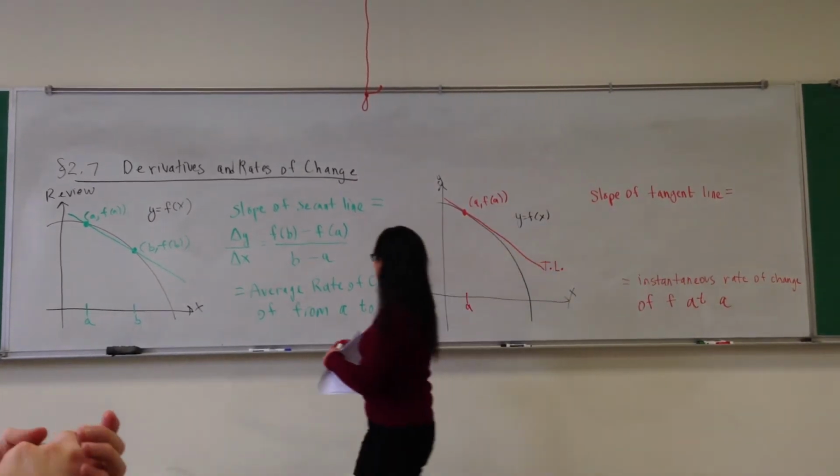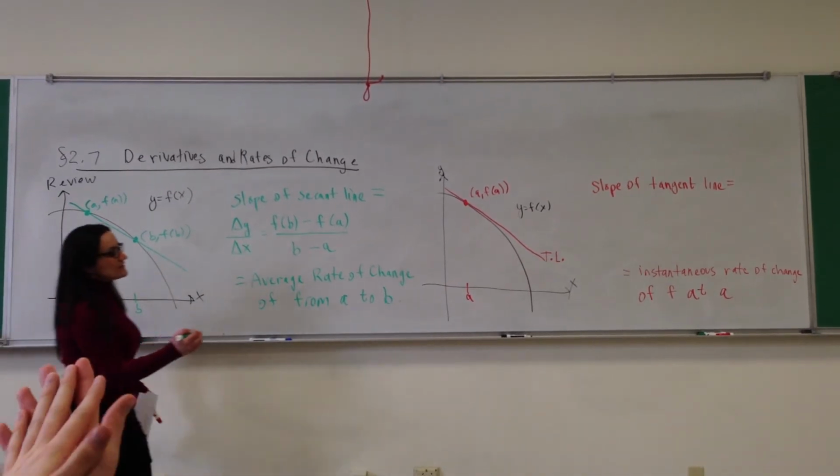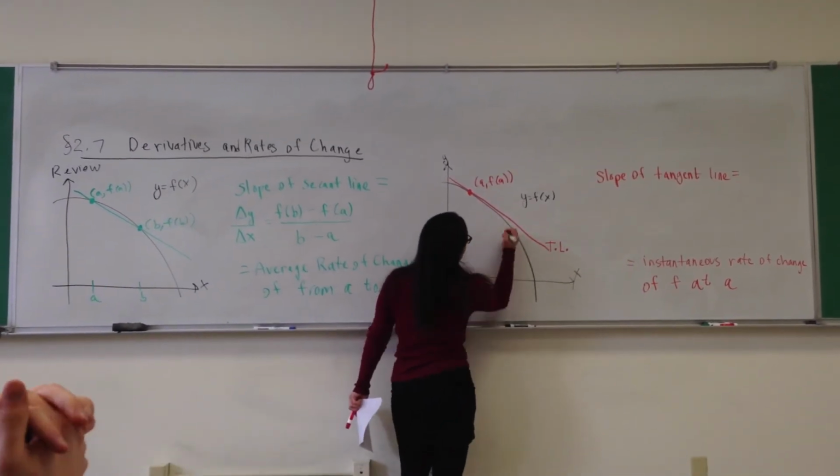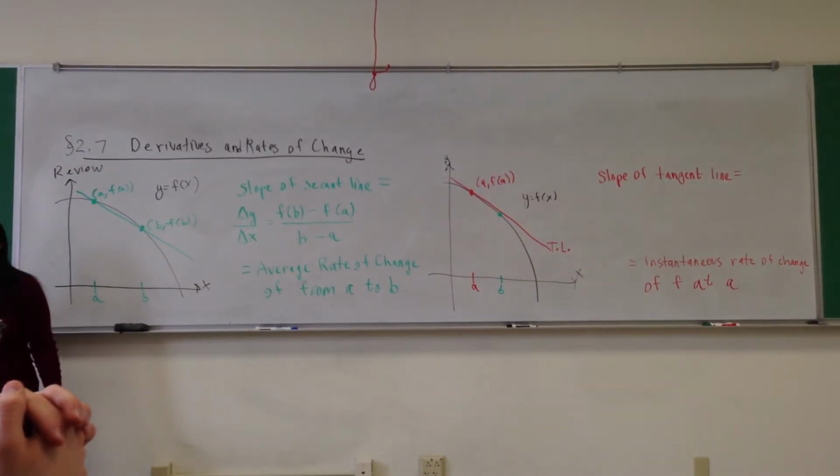Almost, right? So what we take is we take the secant line at points B, f of B, and what do we do with the b's?